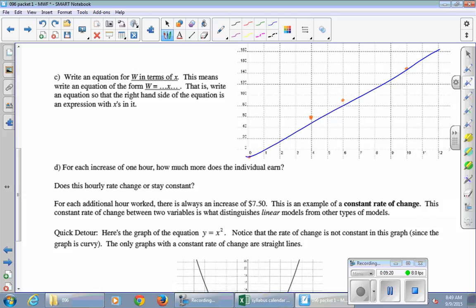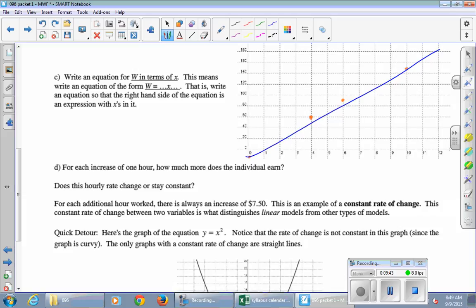Okay, let's pause right there. So, brand new definition, brand new phrase. If you see the phrase in terms of, it is a precisely defined mathematical phrase, and we're defining it right here. W in terms of X means the equation is going to be in the form W equals some stuff with X's in it. Those dots are my way of saying I don't really know what's going on the right-hand side, but there's lots of crazy things with lots of X's floating around.